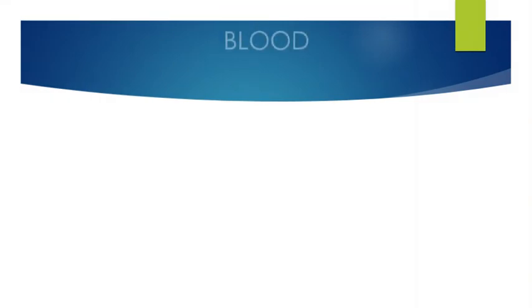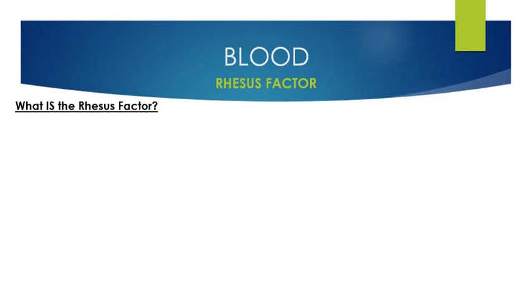We also said we're going to look at the Rhesus factor. What is this Rhesus factor? Well, the Rhesus factor is simply related to the presence of the D antigen on the surface of the red blood cell.